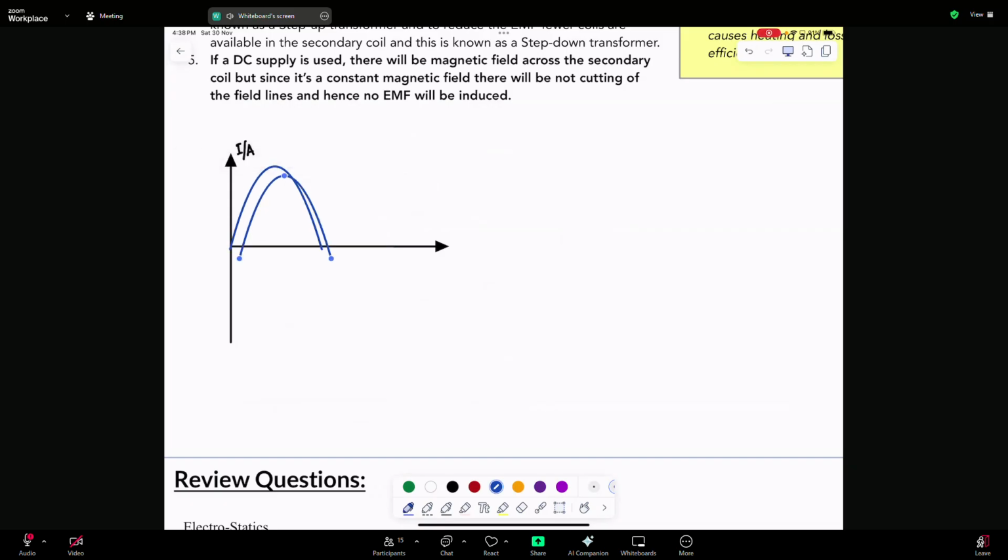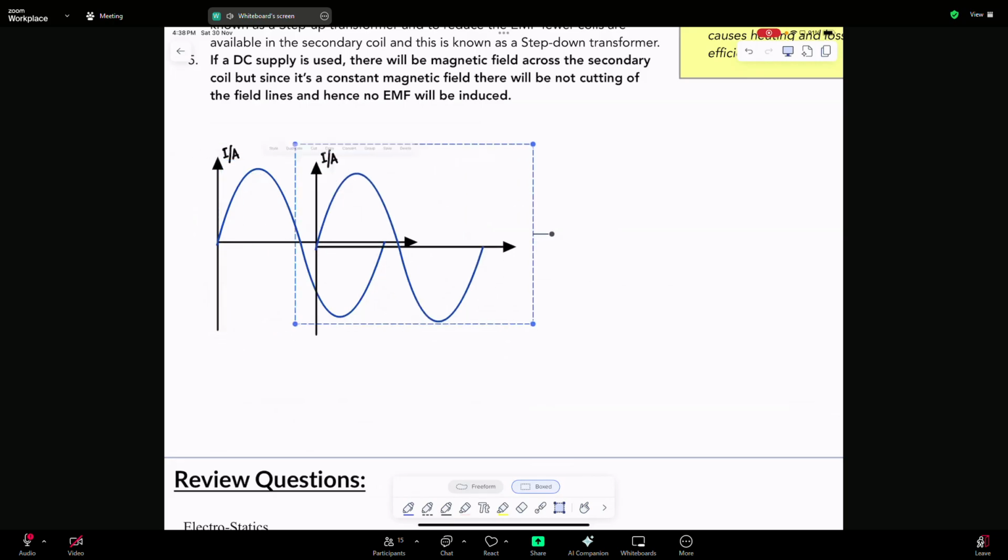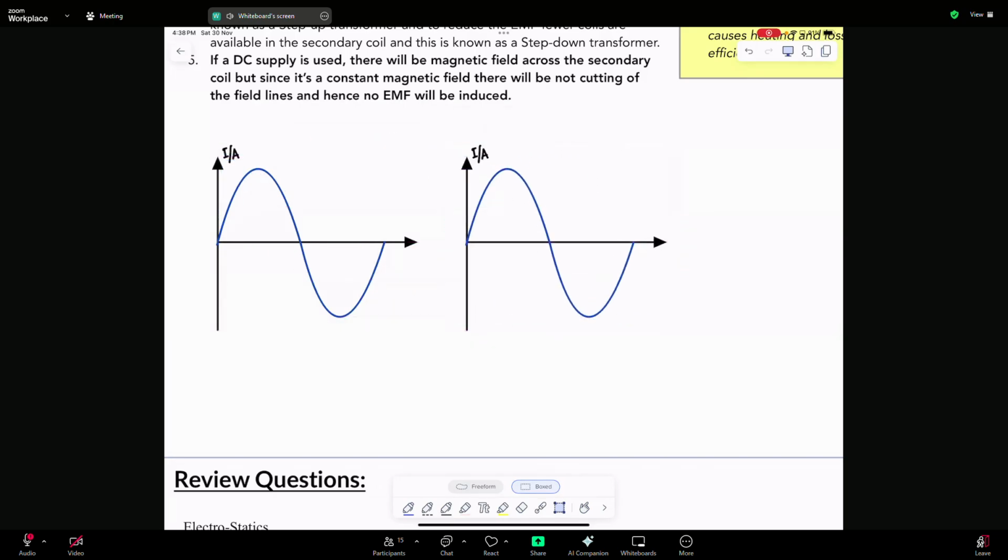You need to tell me the current we will get in the secondary coil, or the EMF that will be induced, what does that look like? So tell me the graph you expect for the EMF induced in the secondary coil. Let's assume the same number of turns, which is not a good transformer, but if it helps.